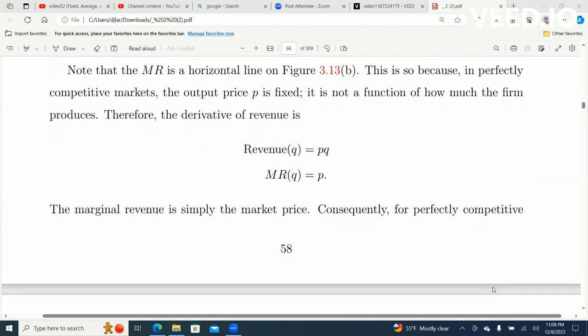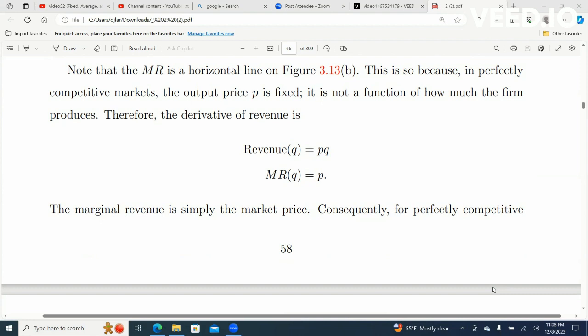This next little tidbit is important. Every little interpretation of an equation is kind of a new concept, very important. Revenue is price times quantity, price per unit times the number of units. So if we take the derivative of revenue with respect to Q, it's just going to be the price. So we always have that the price equals the marginal revenue.